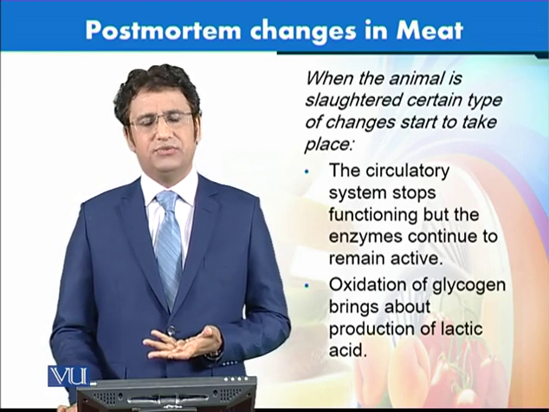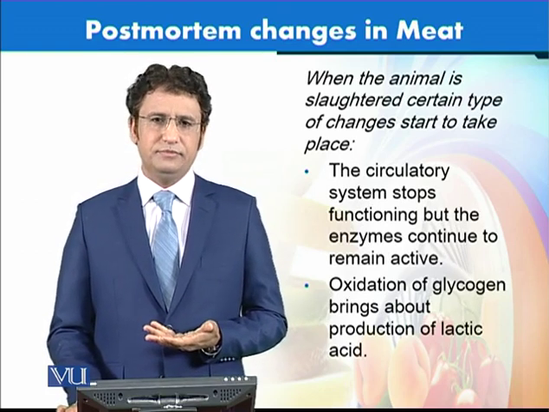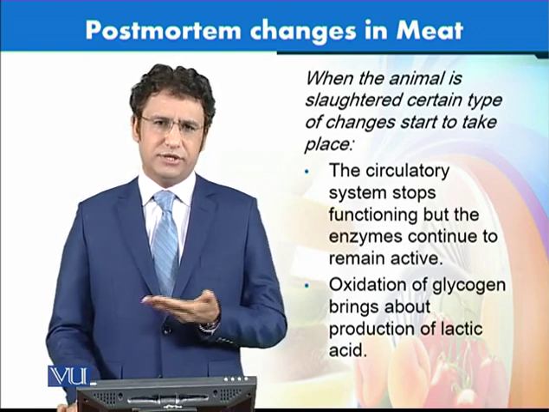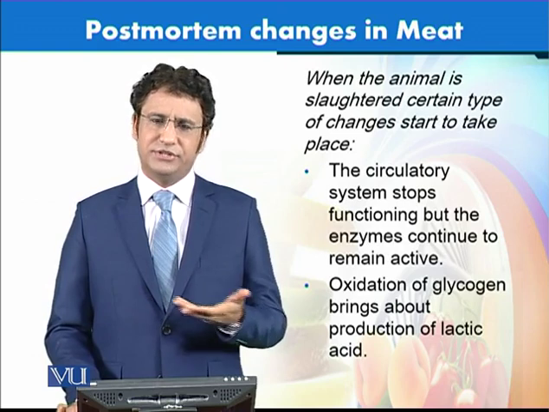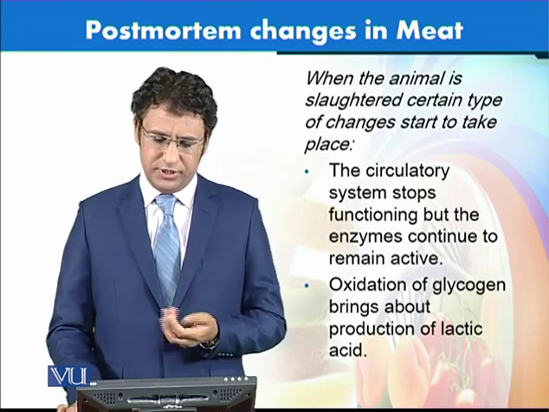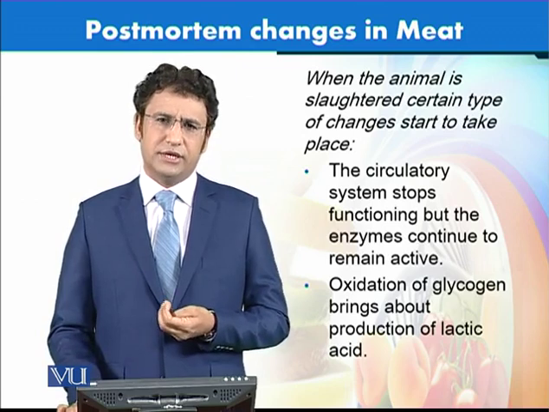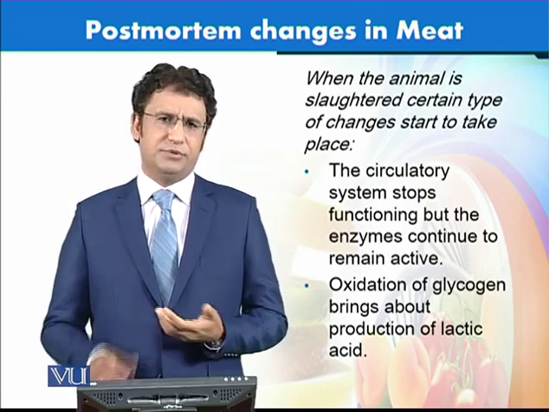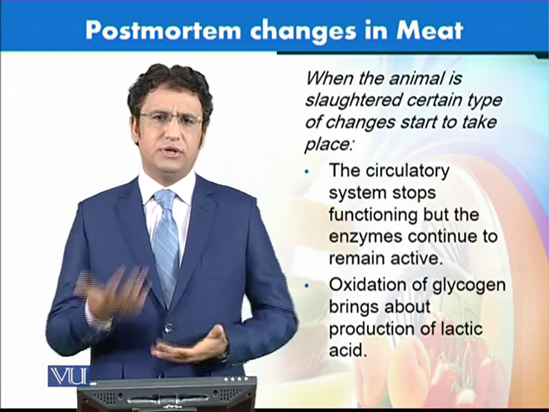As we know, once we slaughter the animal, we cut the circulatory passages of the animal, so that means the circulation has stopped. So there's no oxygen getting into the muscles. But the enzymes that are present in meat keep on working.